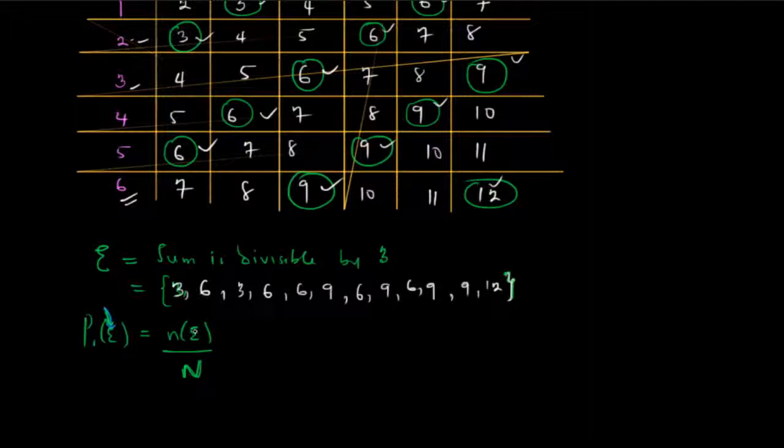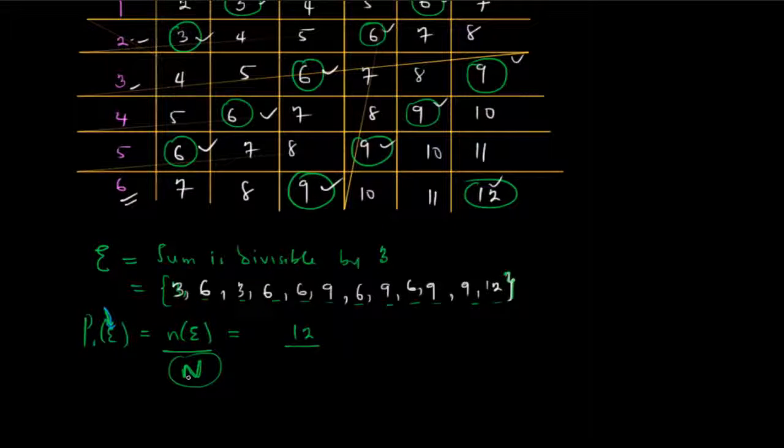That is the number of elements in the event divided by the total number of elements in our sample space. The event E, which is the event that the sum is divisible by 3, has all these elements here. When we count them, you have 1, 2, 3, 4, 5, 6, 7, 8, 9, 10, 11, 12. So we have 12 of them.